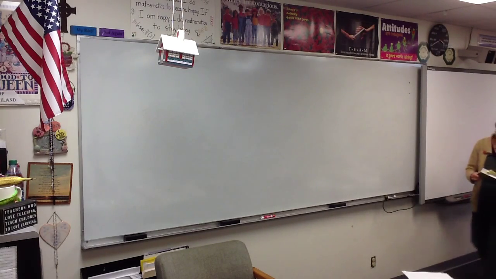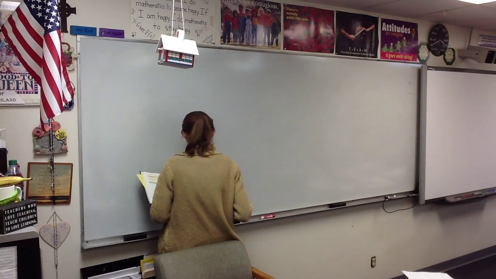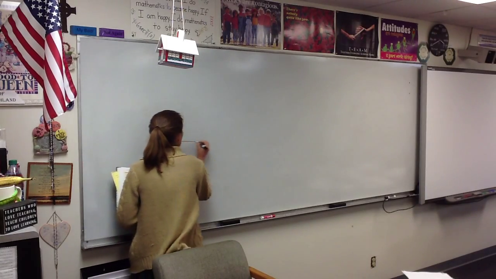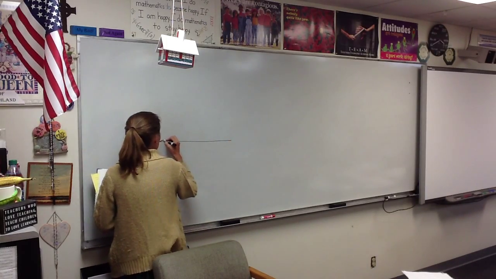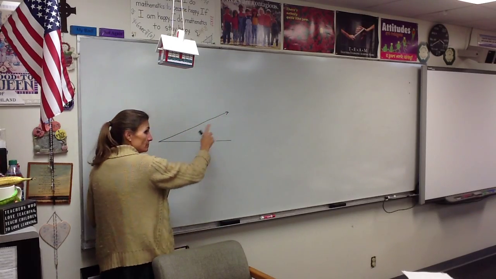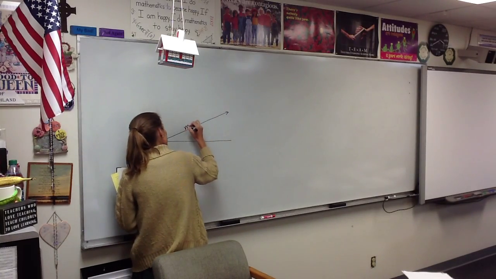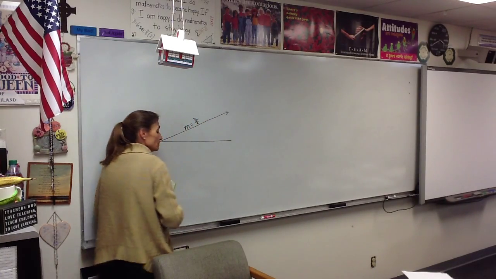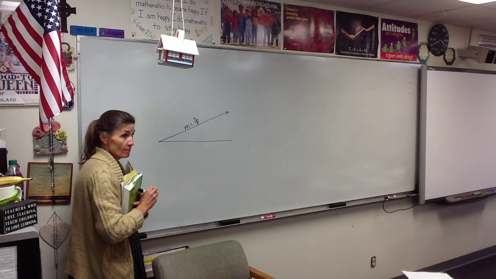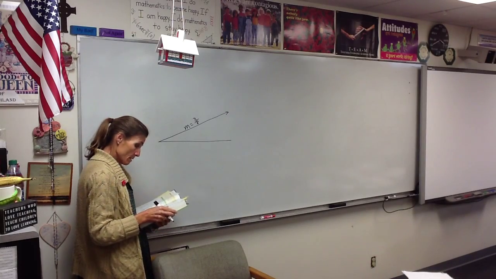A commercial jet airplane climbs at takeoff with a slope of 3/8. So here's the airplane heading off this way. And the slope of this line is 3/8. Right? Now, what do we know?